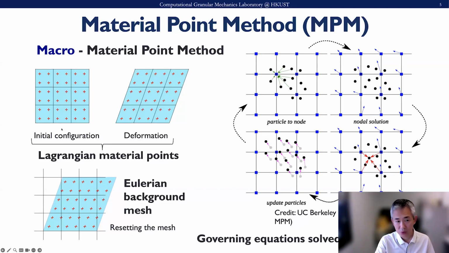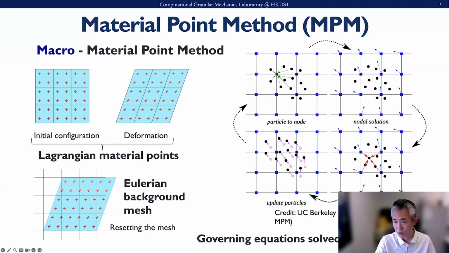It basically uses an Eulerian background mesh, in conjunction with Lagrangian material points. These are the material points, and this is the background mesh, and to solve a problem here, the material point carries the material response, the material state and material parameters. These parameters are interpolated to the nearby nodes of the background mesh here.